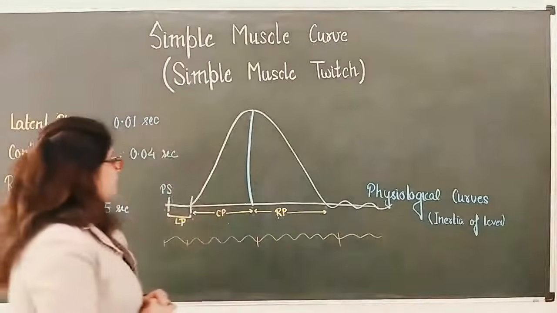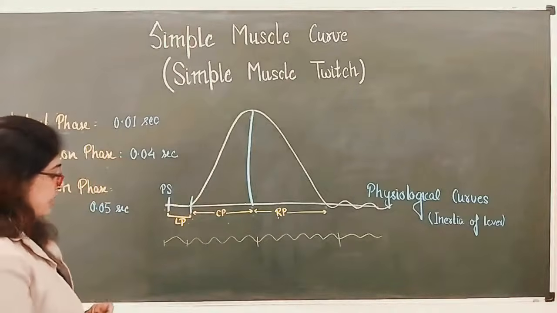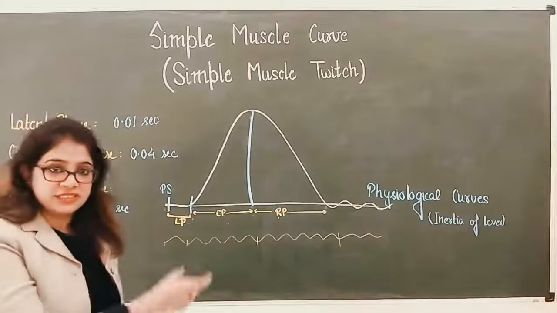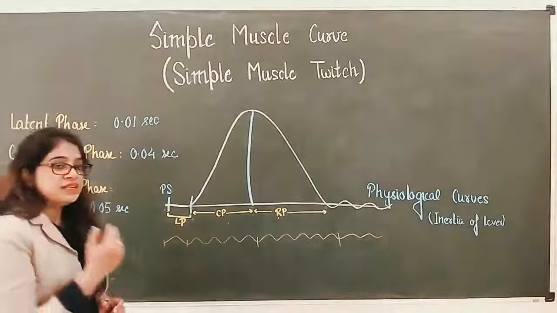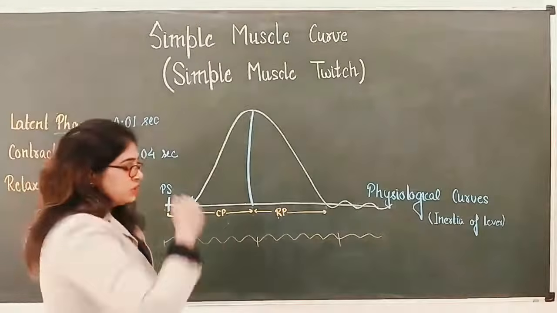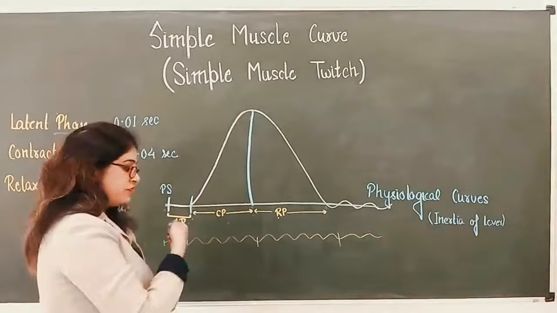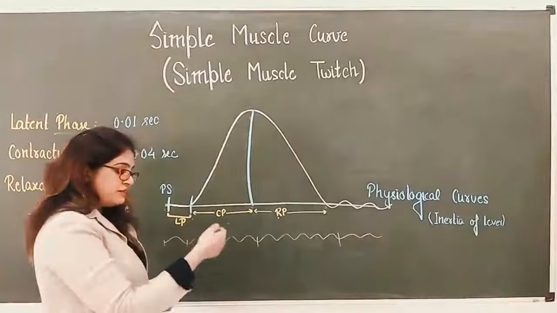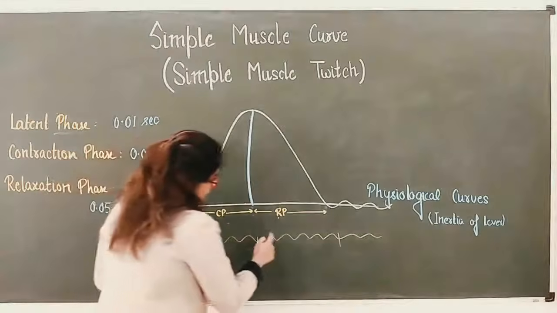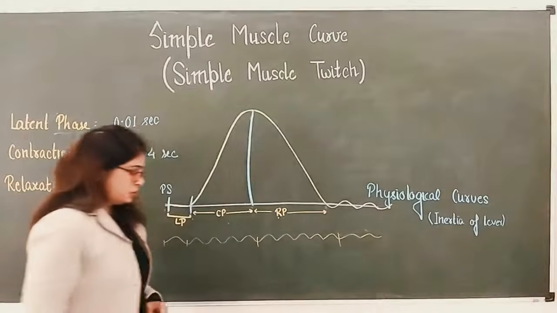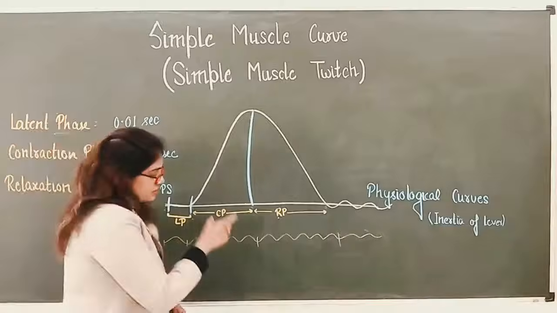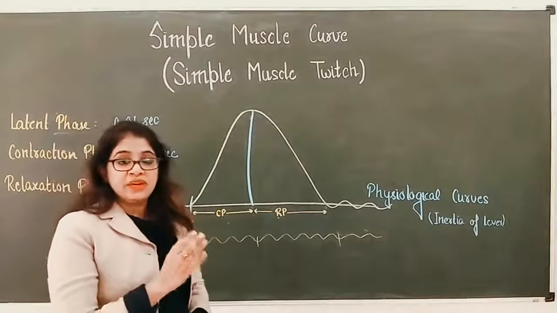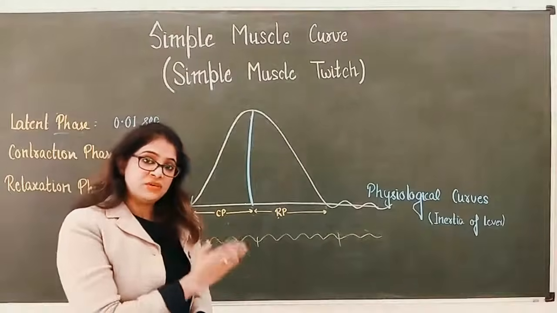What may be the next question of your examiner? How would you measure the different phases? This measurement is done with the help of a time tracer. Along with tracing the graph, we also put the time tracer on the drum. Because of that time tracer, these small curves are formed. The duration of these curves is dependent upon the frequency of that particular time tracer.